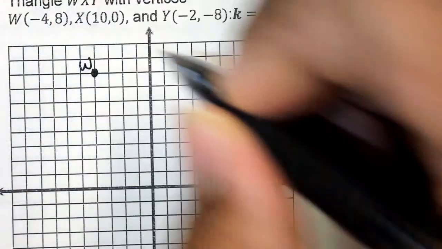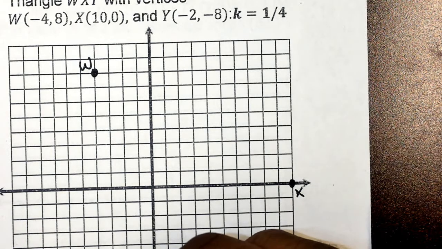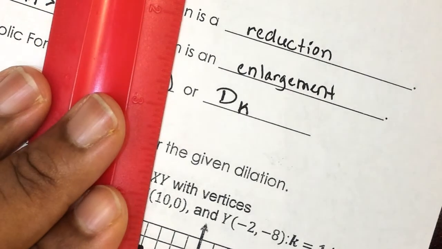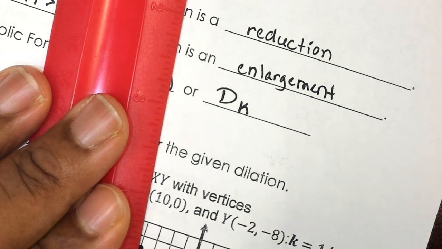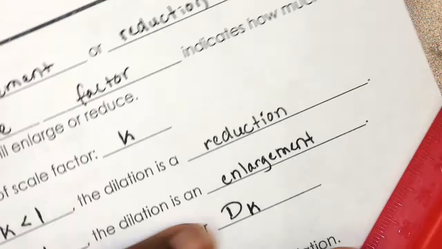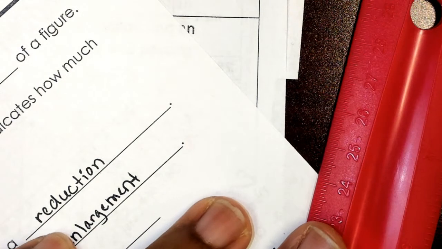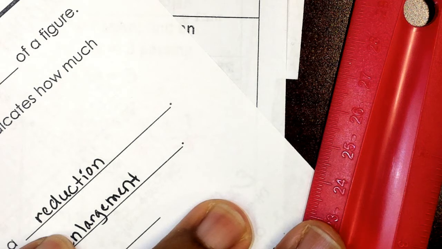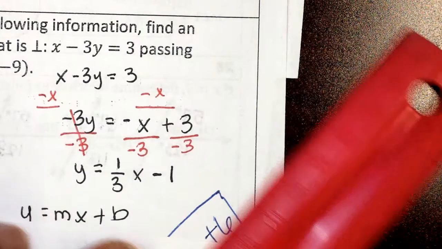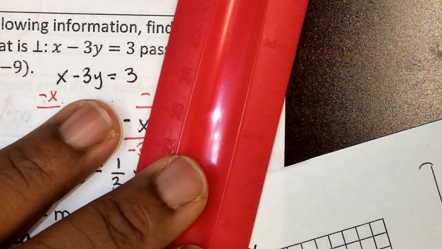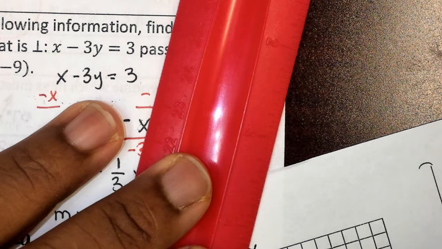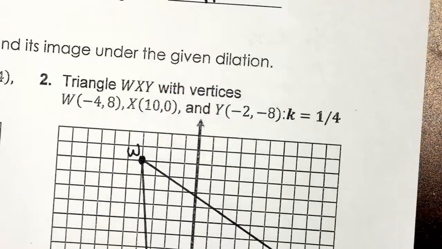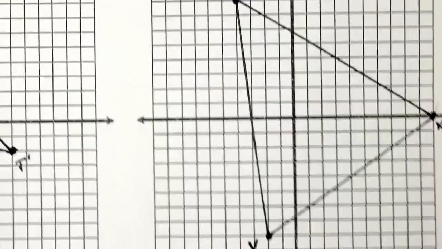So this was W, X, and Y. So this is my original image, my pre-image right here.